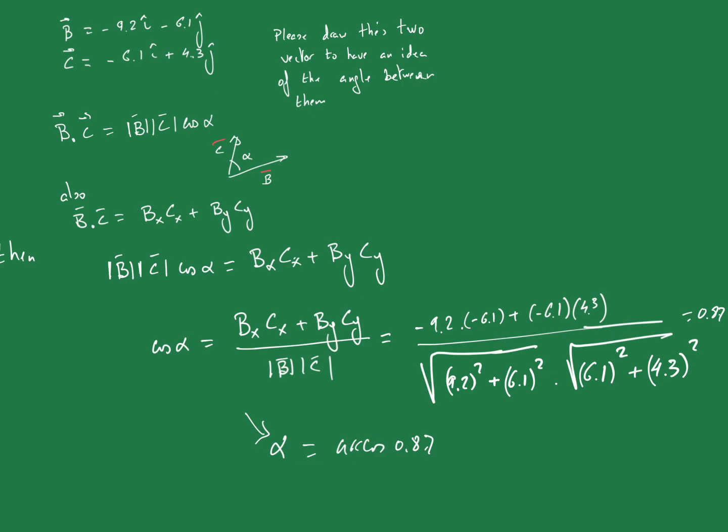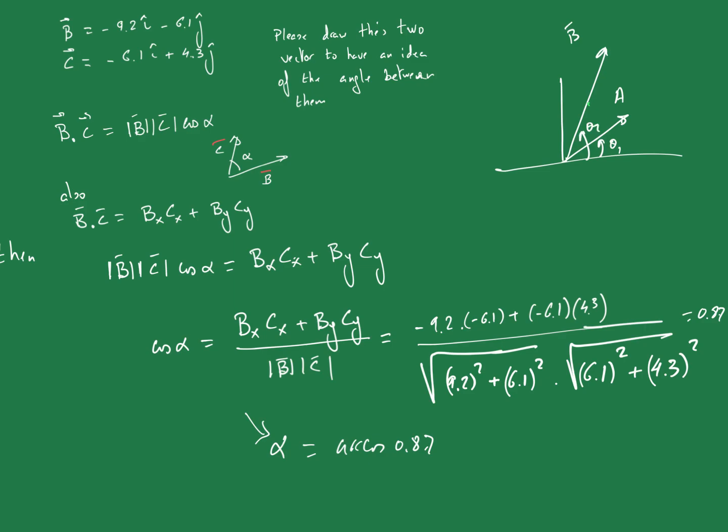There is another way to do it, not using the dot product. Let's say that you have a vector A, and you find this angle, theta 1. And let's say that you have this vector V, and you find this angle, theta 2.